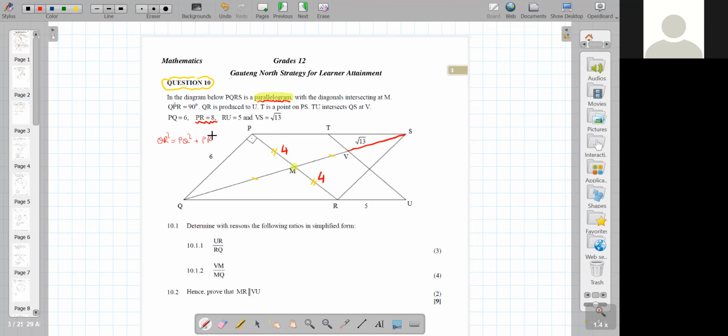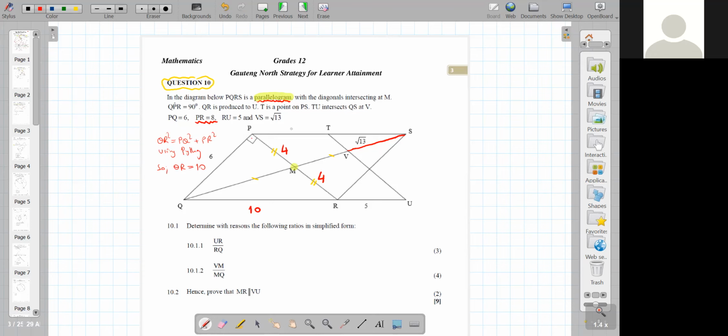So it's Pythag. So using Pythagoras theorem, that can help me to find QR. So QR will be root 100, which is 10. Okay, so then I can tell you QR is 10.